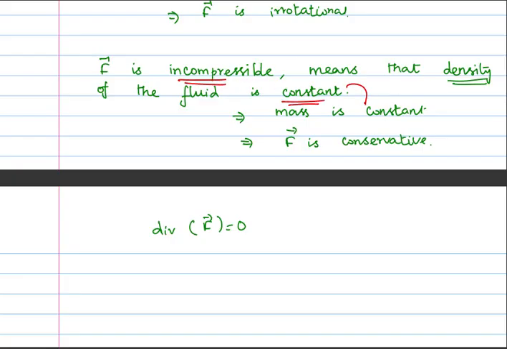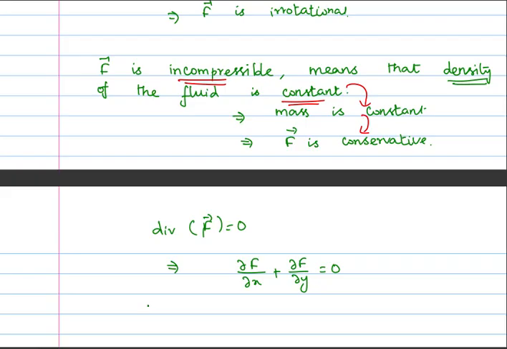Whenever density is constant, mass is constant. Mass is constant means the fluid flow F is conservative. Conservative means the divergence of F vector is 0. This implies, what is the divergence of F? It's two-dimensional, so del F1 by del x plus del F2 by del y equals 0.